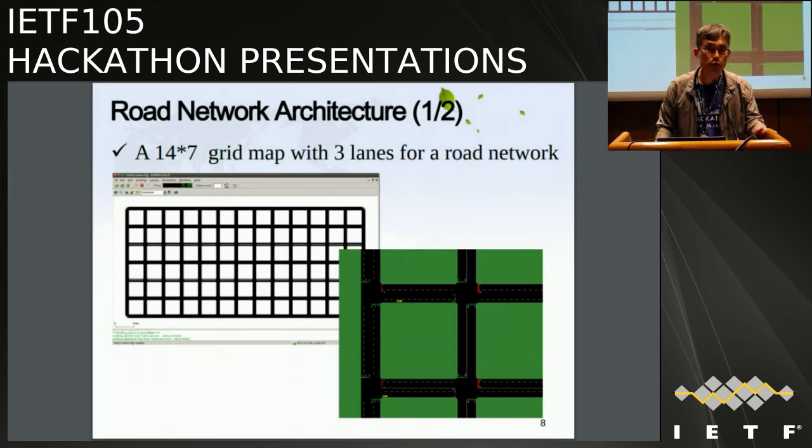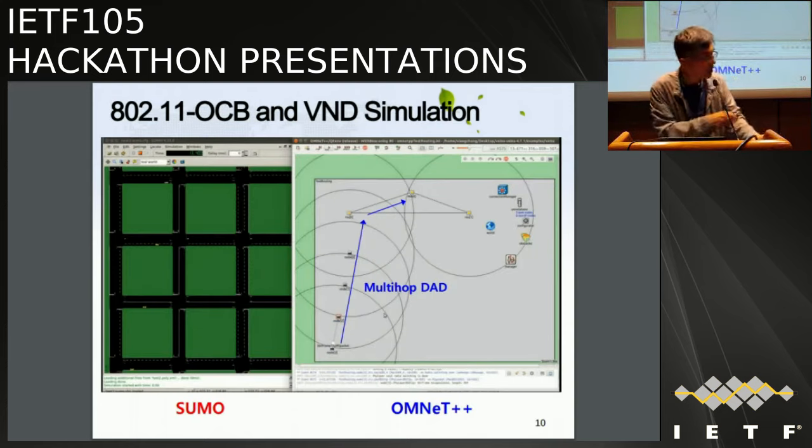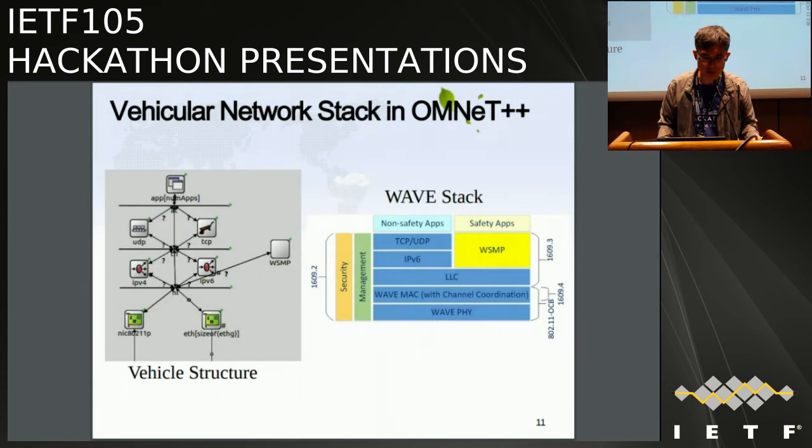So we proved this using simulation. This figure shows the SUMO road simulator, and we also use OMNeT++ as the network simulator. You can see we use a 3-hop multi-hop DAD to reduce the DAD delay, and we can also start the TCP connection quickly. This is the protocol stack.